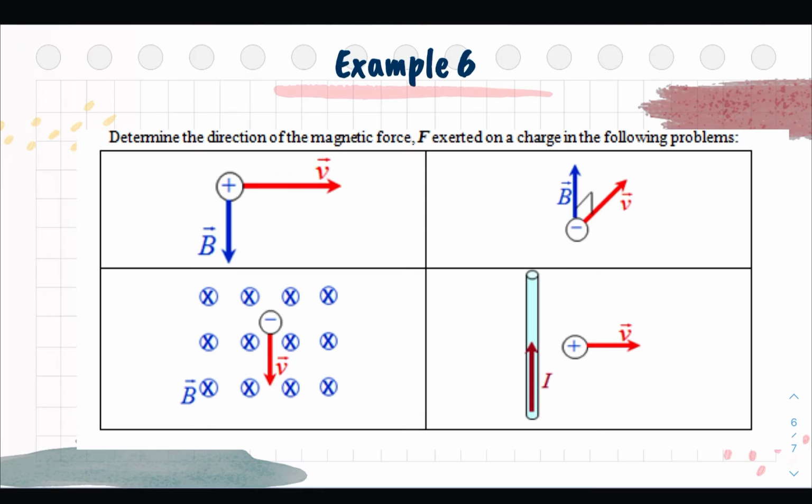So velocity, saya punya fingers. B, saya punya palm. So palm saya ke bawah, finger saya ke kanan. So palm ke bawah.